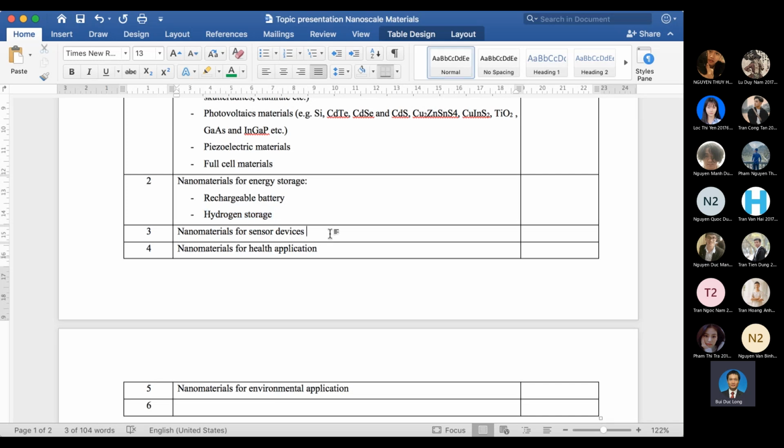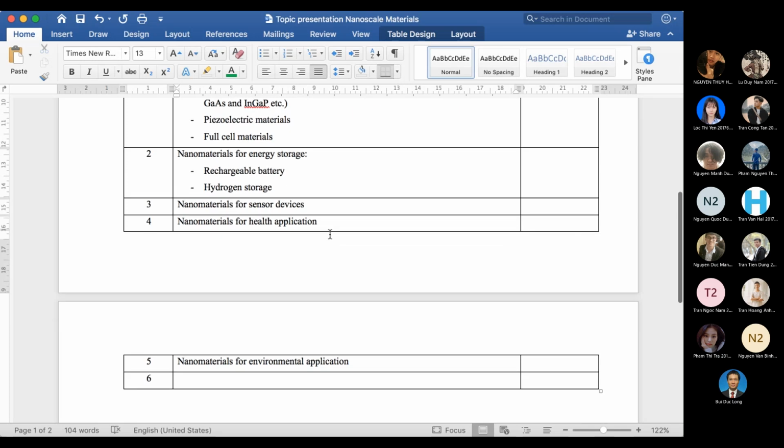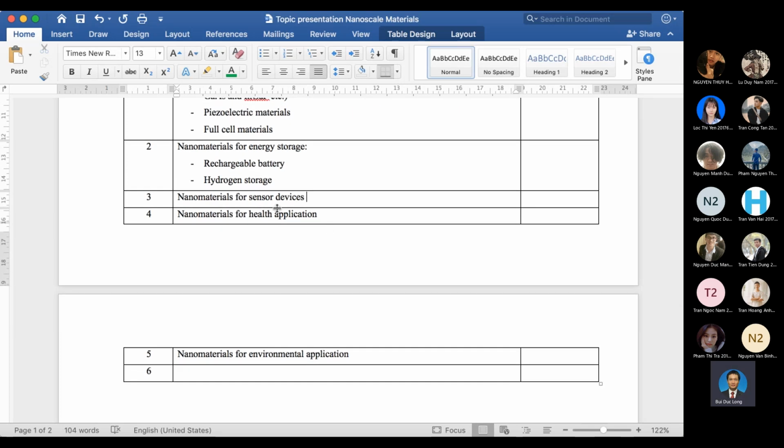Maybe next week you can come to the class and say, teacher, I found this kind of material for sensor application. If you are confused about how this material is good for this application, we can discuss in the class next week.